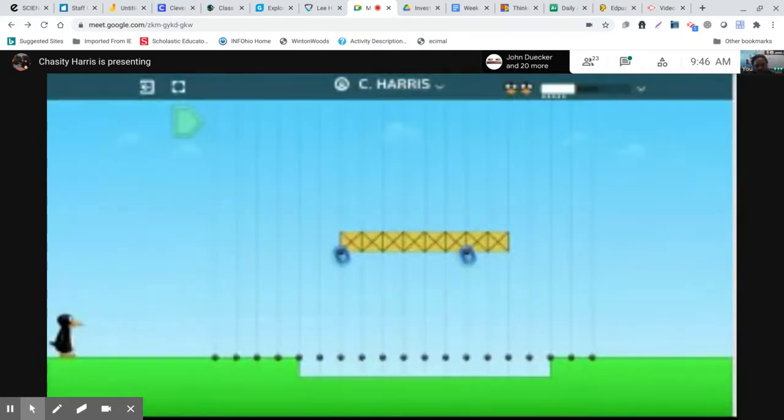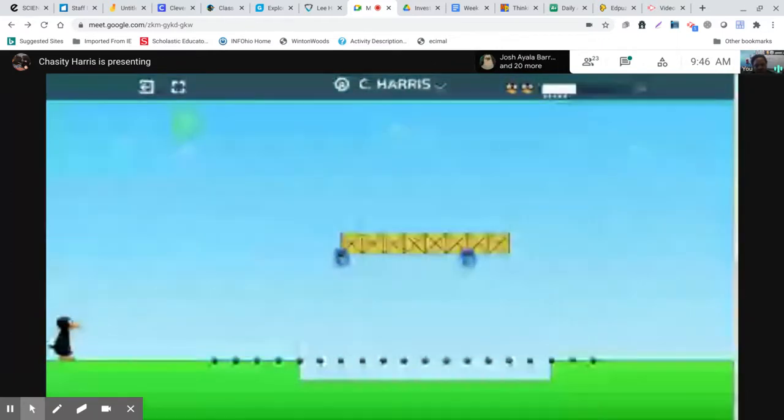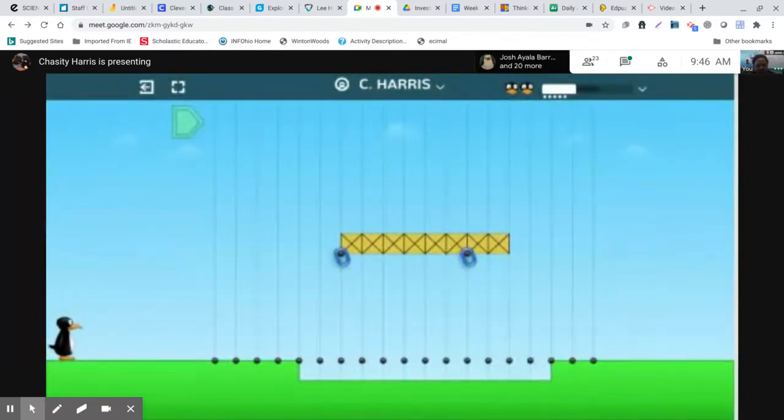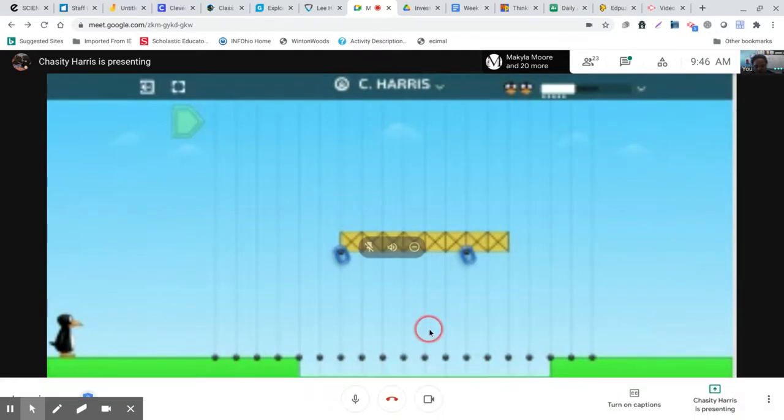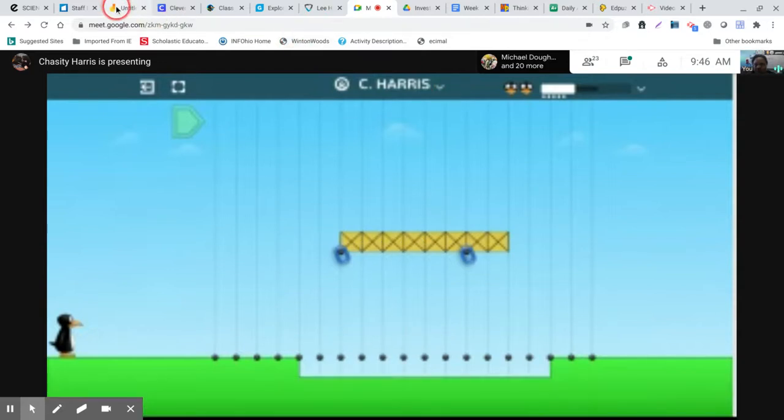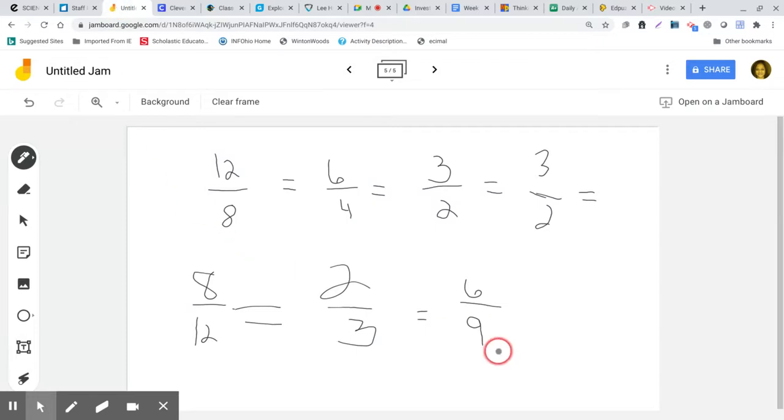All right, so looks like we have a different ratio. What's the ratio? 8 to 12. All right, looks like 8 to 12. Looks like they're going back and forth. So this is the 2 to 3 ratio. So what is it hanging on?